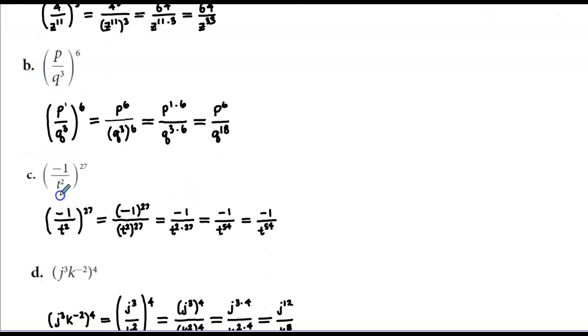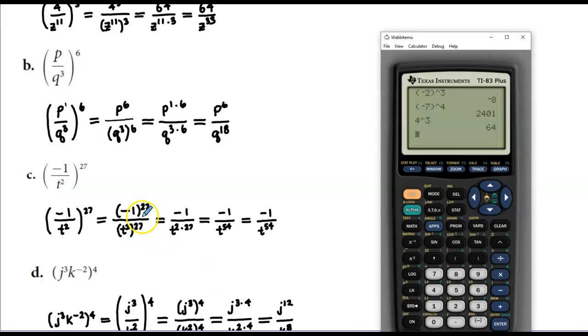In part C, we have negative 1 divided by t squared, which is the base, raised to the power of 27. So in our numerator, we're going to have negative 1 to the power of 27 divided by t squared to the power of 27. So let's take a look at the numerator. If we take negative 1 and we raise it to the power of 27, it's an odd exponent.